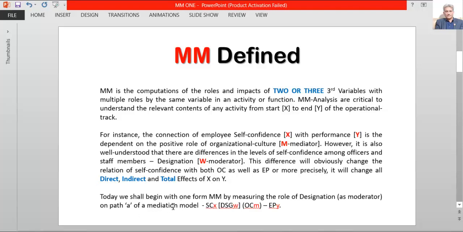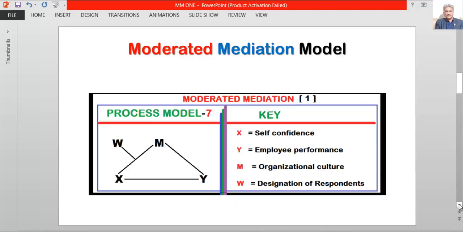Today, we shall begin with one form of moderated mediation by measuring the role of designation as moderator on path A of a mediation model. Self-confidence, designation, and organizational culture affect the employee performance, which is the Y variable.